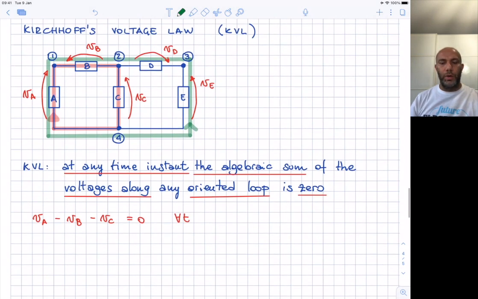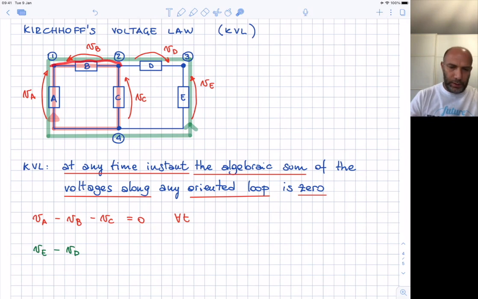So we move from node 4 to node 3 and we find the voltage VE, that is in accordance with our orientation. So VE has the plus sign. Then from node 3 we move to node 2 and we find the voltage VD that has the opposite orientation with respect to the path, and so we say that VD has a minus sign. From node 2 to node 1 we find the voltage VB.